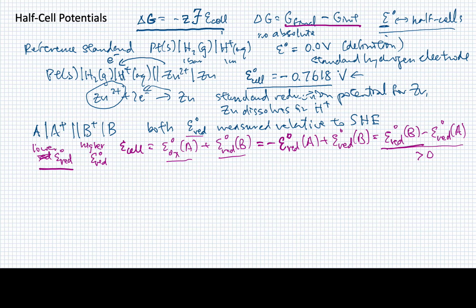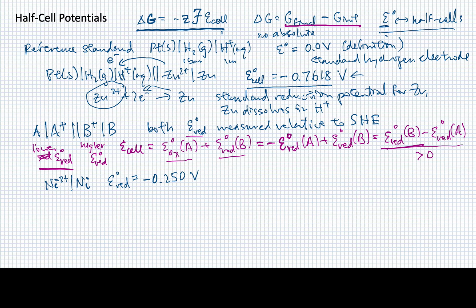So let's take a look at an example, because it's always good to see how this works in practice. Let's suppose that I have one cell that is made up of this pair, nickel ions and nickel metal, and I look it up in the standard reduction potential table. I find that it has a standard reduction potential of minus 0.250 volts.